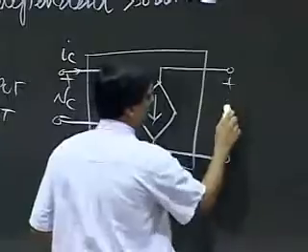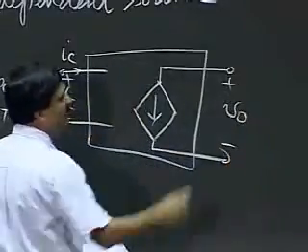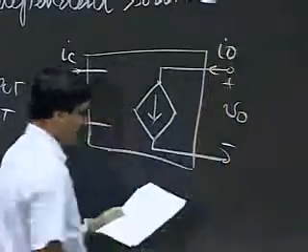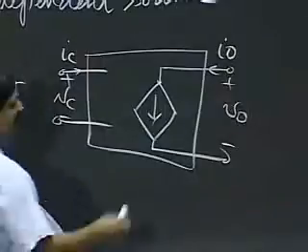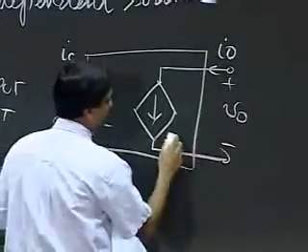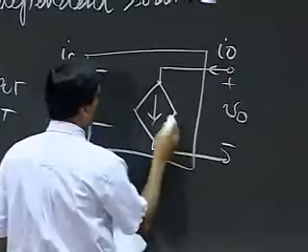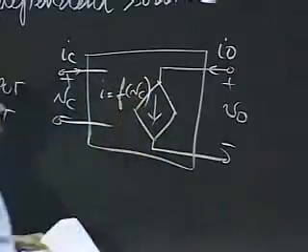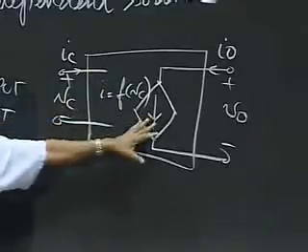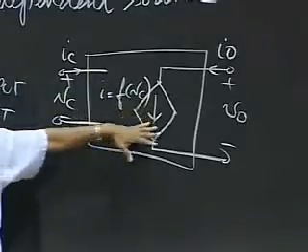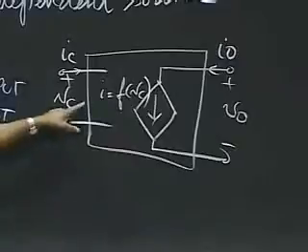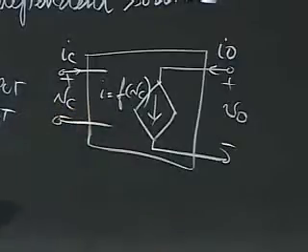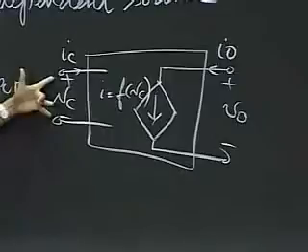I can apply the corresponding output variables, I0. And I can say that the current I is some function of the input voltage or the control voltage VC.